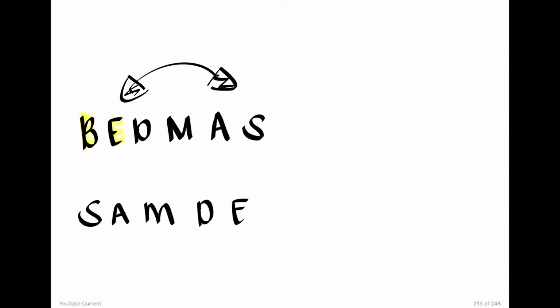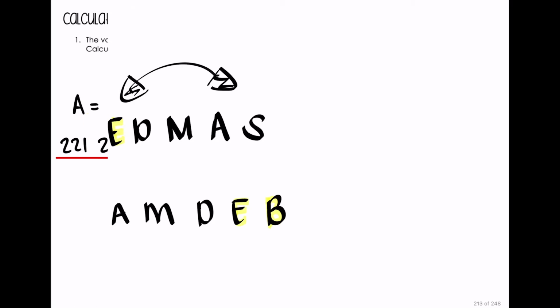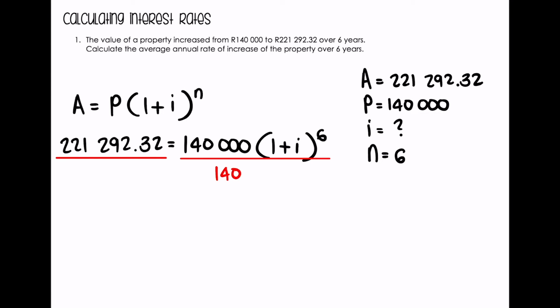However, when I'm isolating a variable or changing the subject of the formula, I am going to swap this whole thing around, and instead of BEDMAS, I'm going to do SAMDEP. As in, the bracket and the exponent go from being the first thing I do when I solve an equation to the last thing I do when I'm isolating a different variable or changing the subject of the formula. So that's why I'm going to start by dividing by the 140,000 instead of sixth rooting everything.